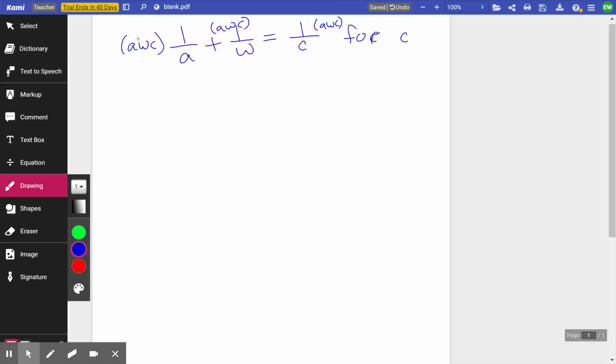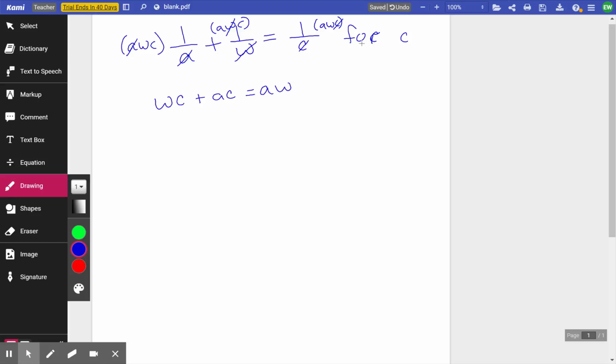The A's would cancel, leaving me with WC times 1, that's WC. Here, the W's would cancel, leaving me with AC times 1, which is AC. And here, the C's would cancel, leaving me with AW.